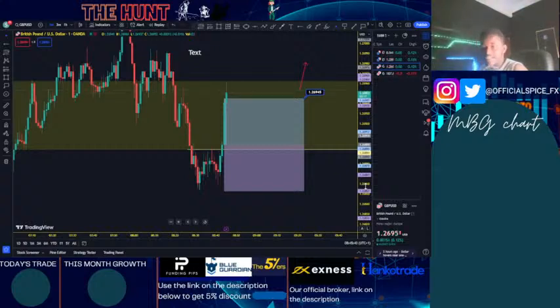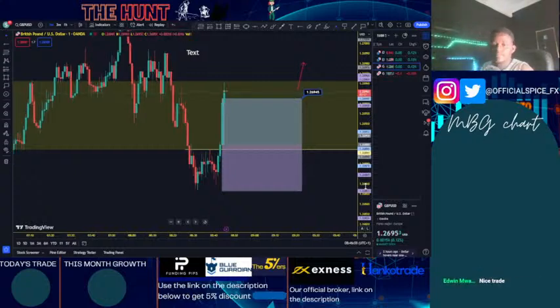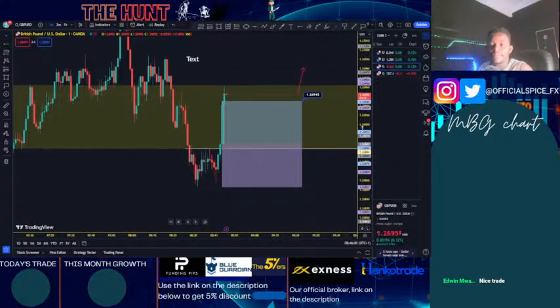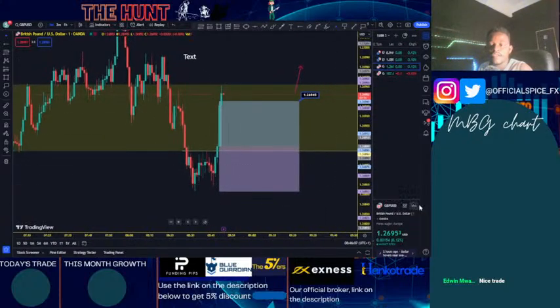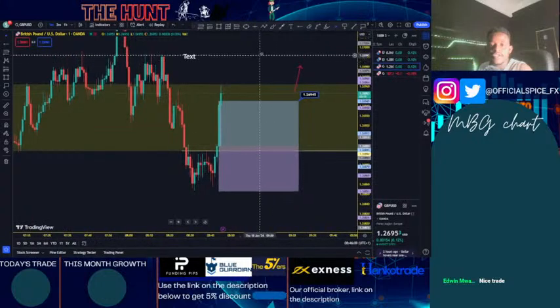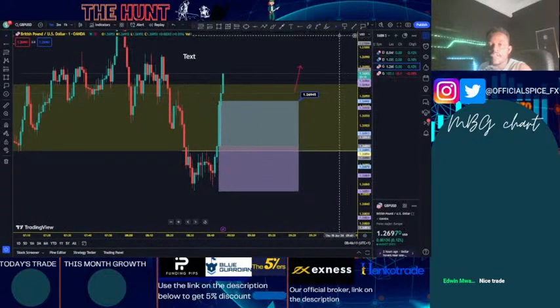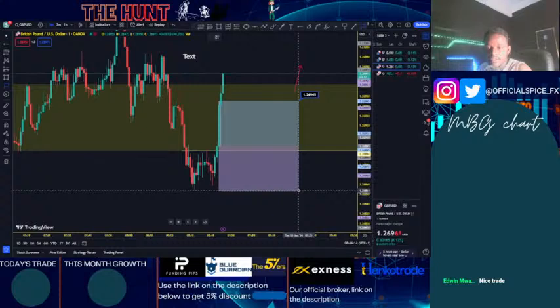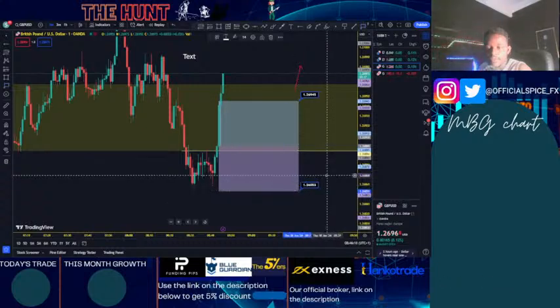That's TP1 right there. If you're still in this trade, close 80% of your profit and let the rest run now.